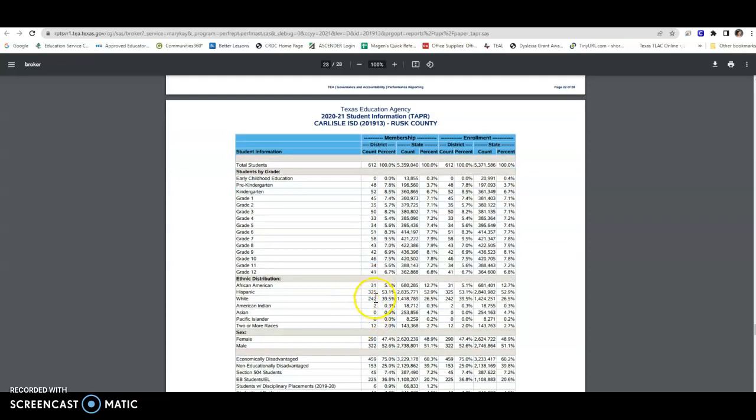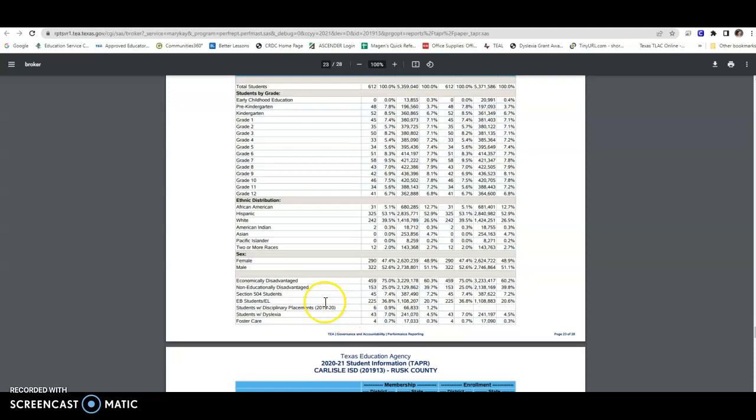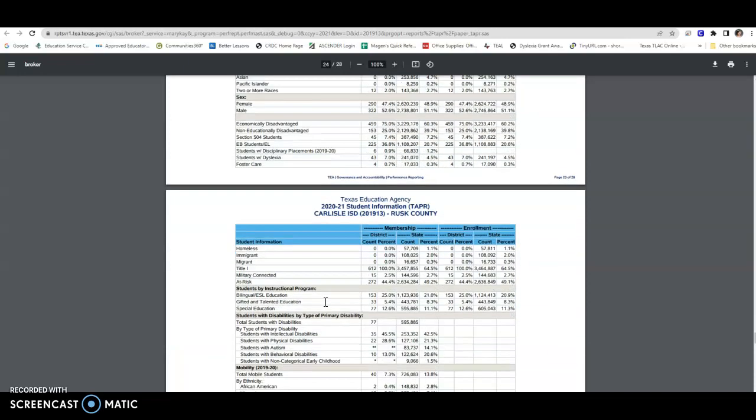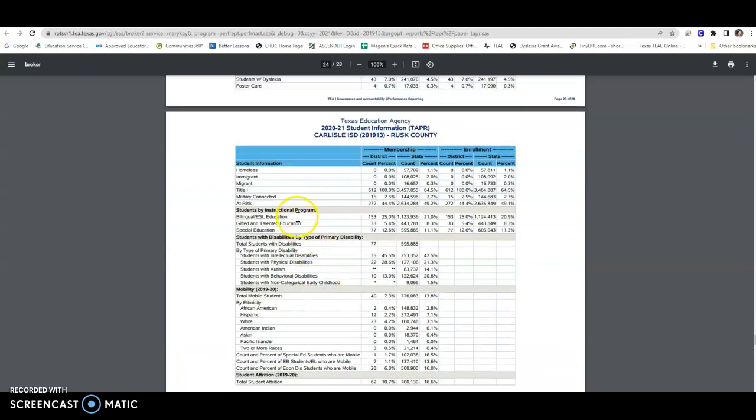Do we see an increase or a decline in certain populations or special programs? Do we also see a decline or incline of students by instructional programs with disabilities? Do we have the appropriate personnel in these areas?